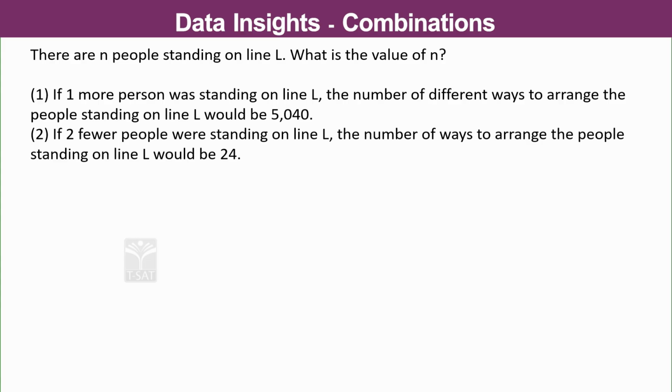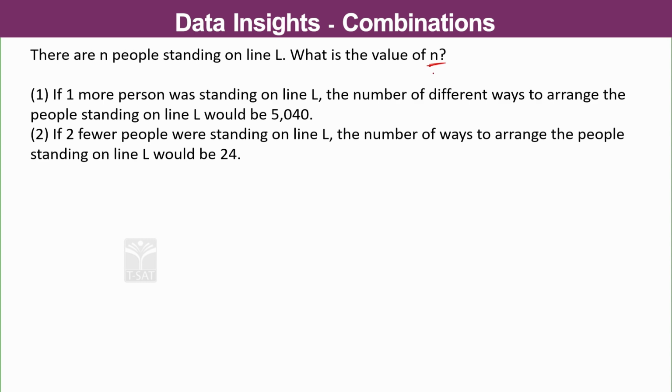There are n people standing on line L. What is the value of n? Statement 1 says if one more person was standing on L, the number of different ways to arrange the people standing on L would be 5040. Statement 2: if 2 fewer people were standing on line L, the number of ways to arrange the people standing on line L would be 24. There are n people standing in the line and we want to find out what n is.